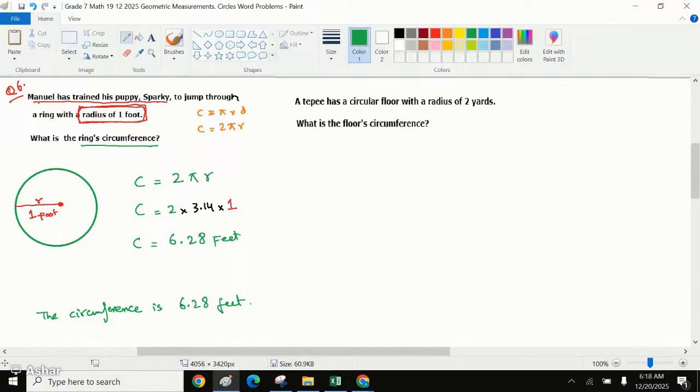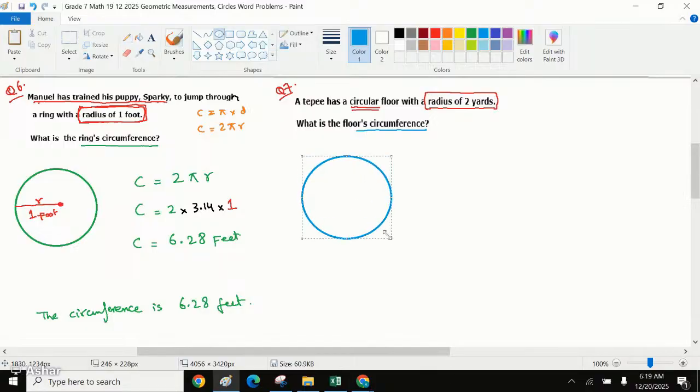Question number 7 says a teepee has a circular floor, and a circular floor is very important for us, with a radius of 2 yards. The radius is given to us, and we need to find the circumference. If a circle is given to us, the outer ring of the circle that I've made with the blue is basically the circumference.